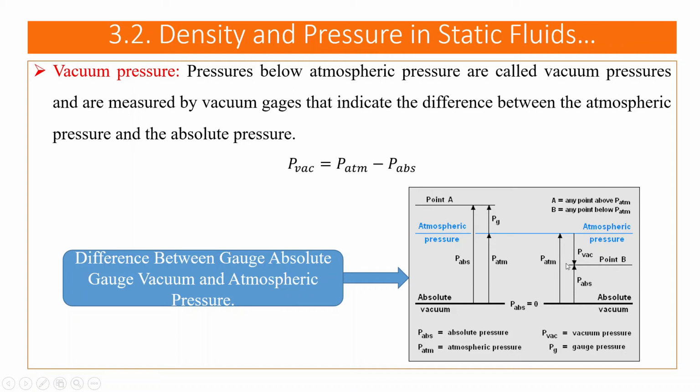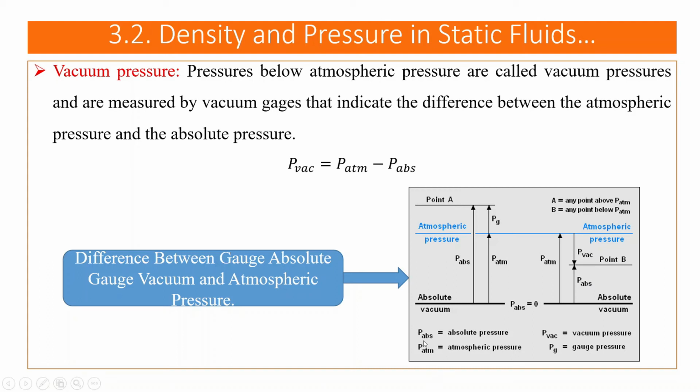In this case, if you want to find the pressure of the vacuum, from here to here we have the atmospheric pressure. When you subtract the absolute pressure, finally you'll get the pressure of vacuum. So pressure of vacuum is equal to pressure of the atmosphere minus this value, the absolute pressure, which will give you the vacuum pressure.